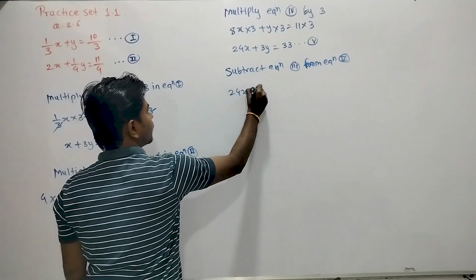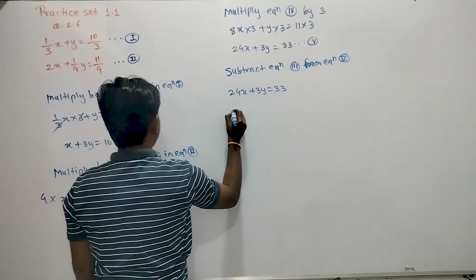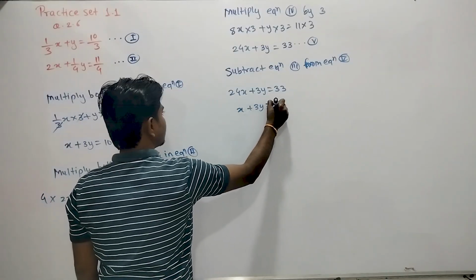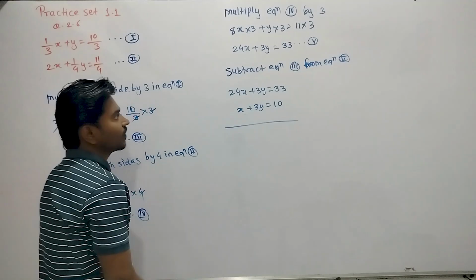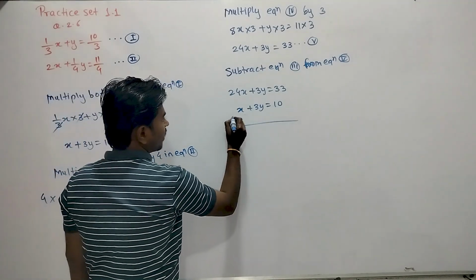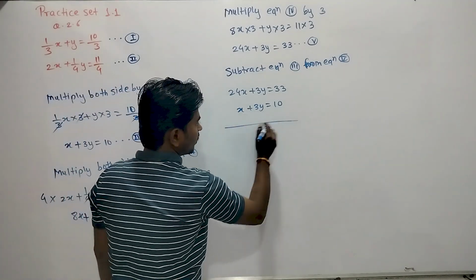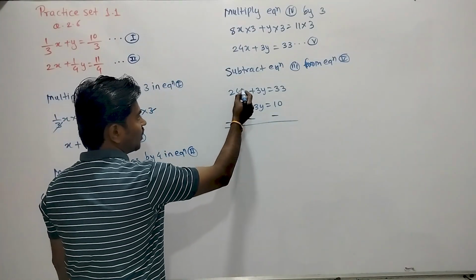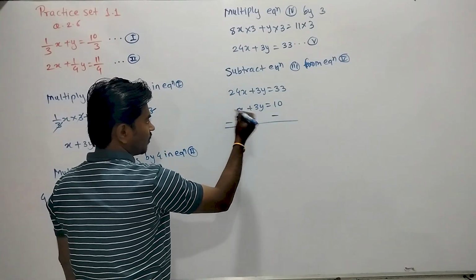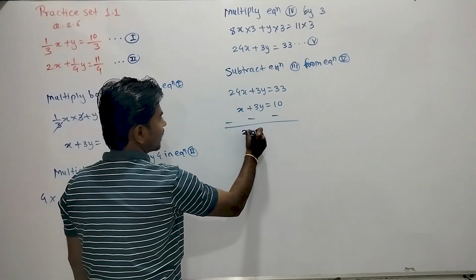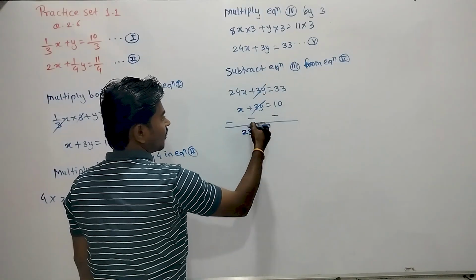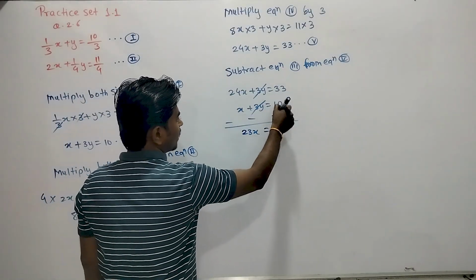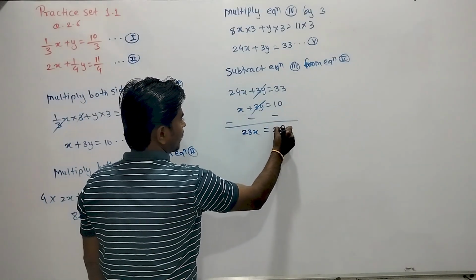So 24x plus 3y is equal to 33 and x plus 3y is equal to 10. So when we are going to subtract both, all positive numbers will become negative numbers. So here from 24x, 1x will be subtracted and 23x will remain. Here 3y will be cancelled or 3y will be 0, which has no value, is equal to 33 minus 10 is 23.